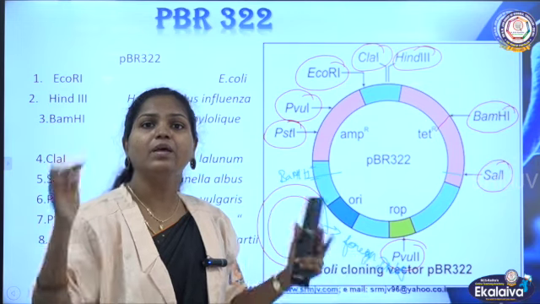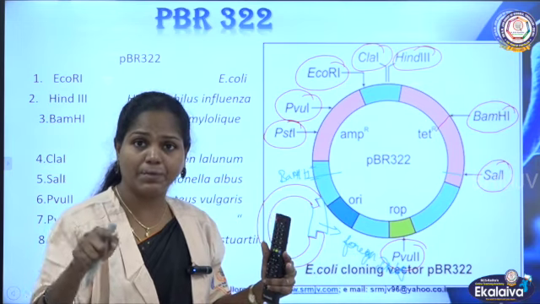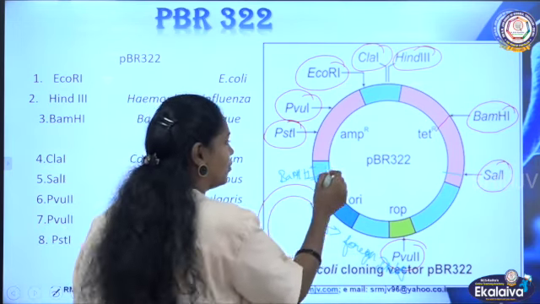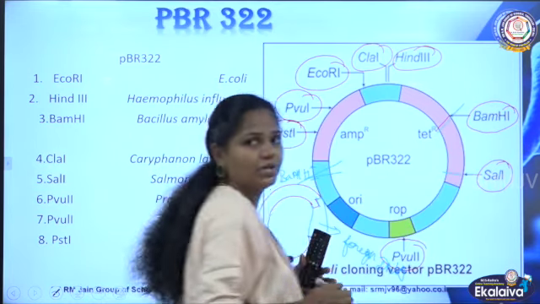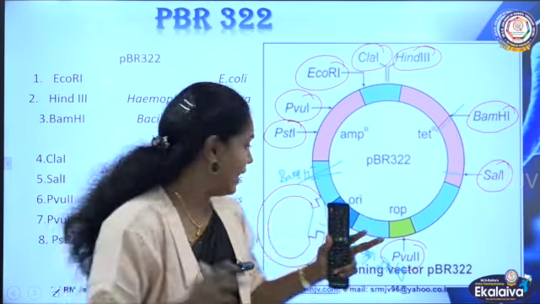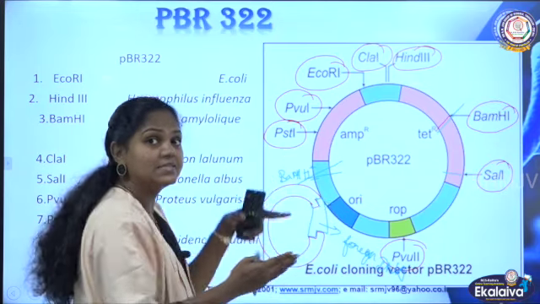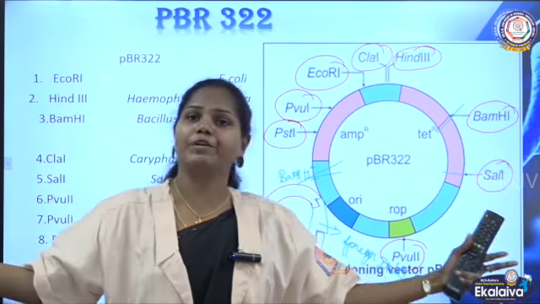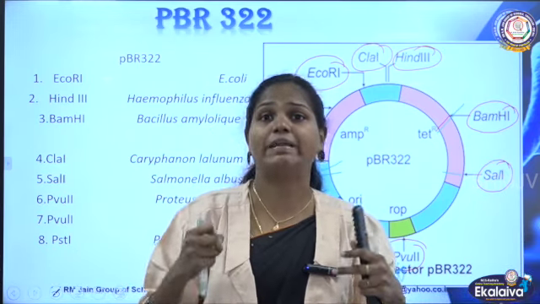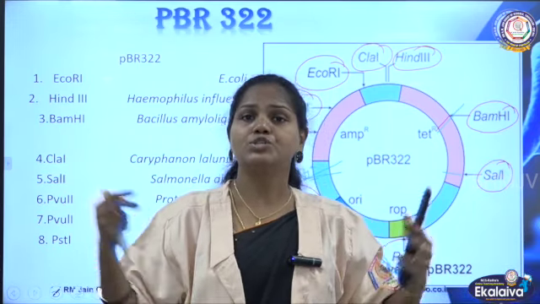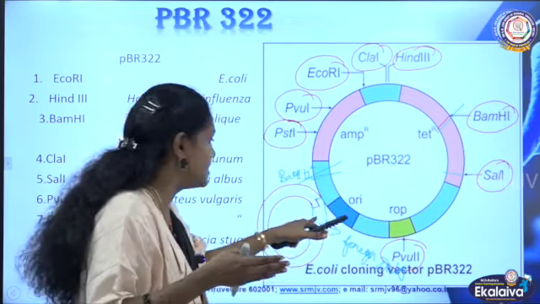What will happen? When you add the restriction enzyme BamHI, it will cut the plasmid DNA here and also here. So the plasmid DNA will not open like this, it will be cut into two different fragments, which will make our cloning procedure very difficult. So you cannot clone your foreign gene like this.